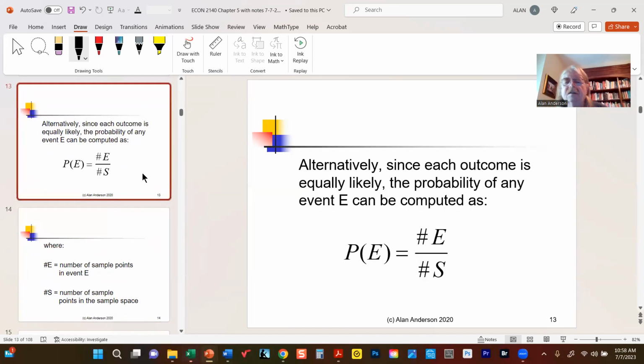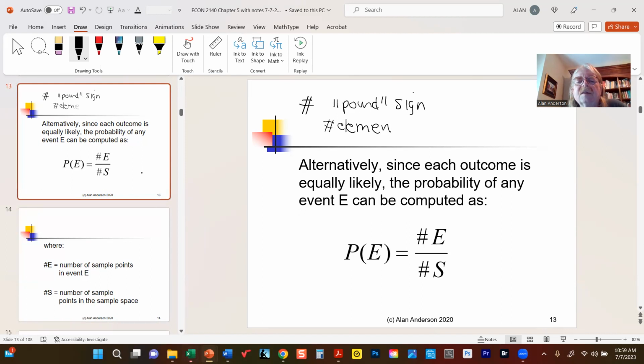By the way, you see this notation used sometimes. This symbol, which now everybody calls a hashtag, is actually the number or pound sign. That's the correct name of this. I don't know how it got to be known as a hashtag, but this is correctly known as a pound sign. And it was always used to represent a number, in English the number of elements.